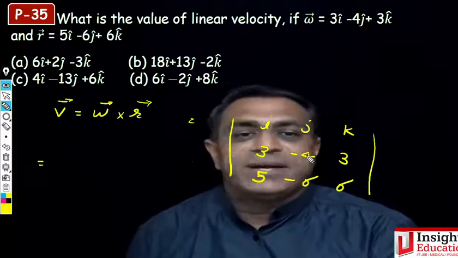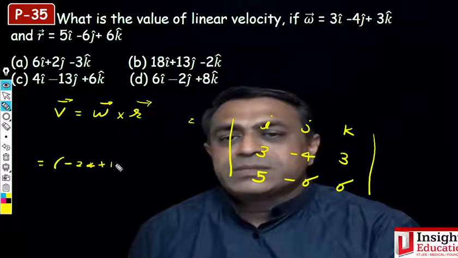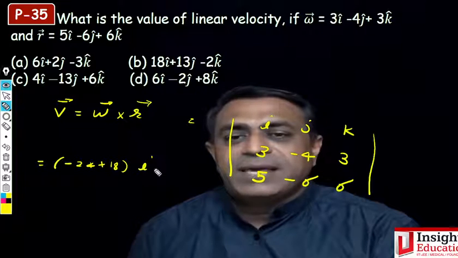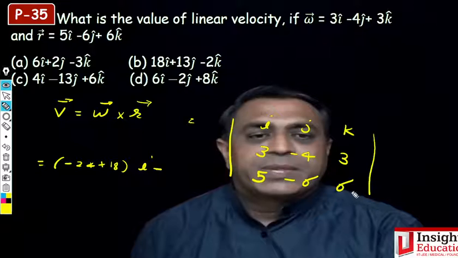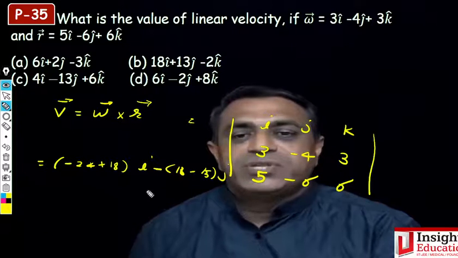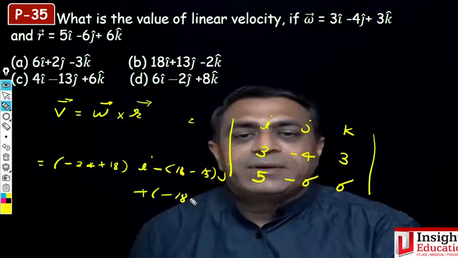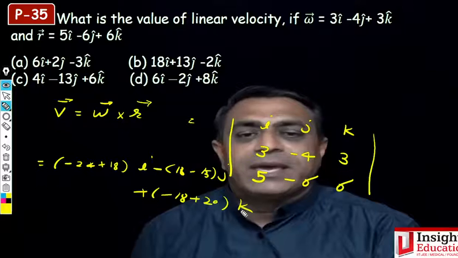Simplifying, 6 minus 24 plus 18 for i, minus 18 minus 15 for j, and minus 18 plus 20 for k.